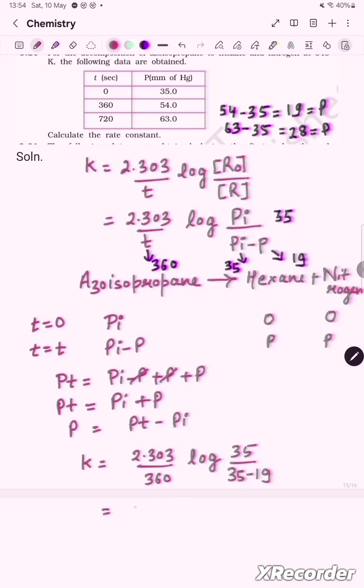So this becomes 2.303 upon 360 log 35 upon 16.